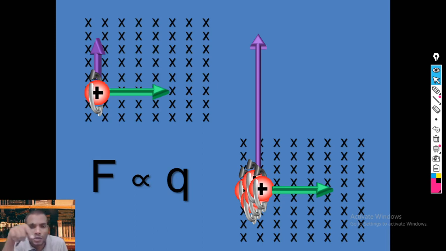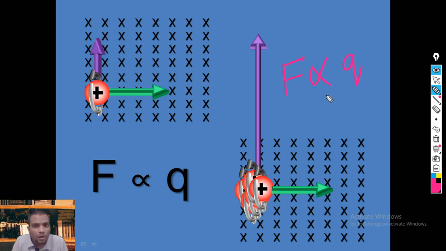We know that notation. Now in the second case, the charge quantity is more, and it is moving perpendicular to the magnetic field, with the green arrow as the velocity vector. The force vector here is very big. So the force is directly proportional to the charge.